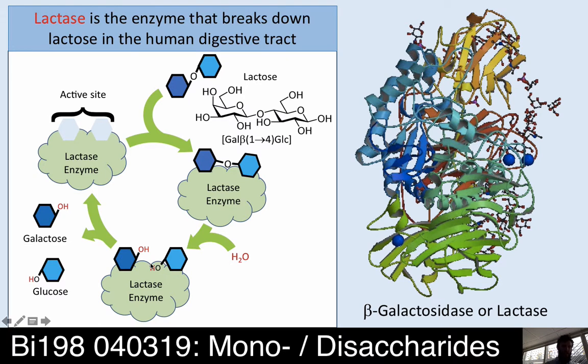Once that glycosidic bond has been broken, the enzyme releases it, and it's able to go in a cycle again. So enzymes do this process of catalysis. Catalysts are simply things that help a reaction go on, and they recycle themselves over and over again.